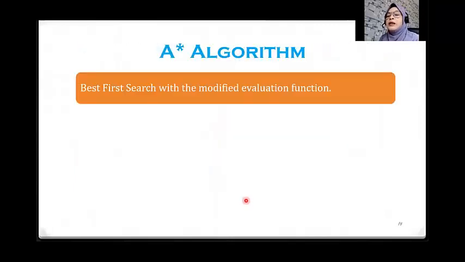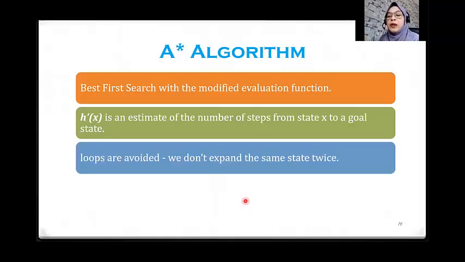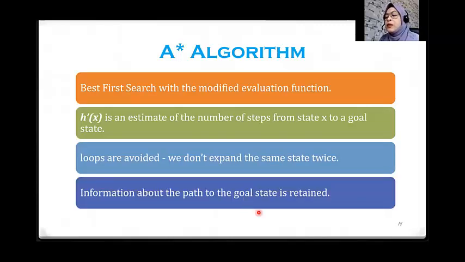So in the A-star algorithm, best first search with the modified evaluation function, h'(x) is an estimate of the number of steps from state x to the goal state. So loops are avoided. We don't expand the same state twice. Information about the path to the goal state is retained.